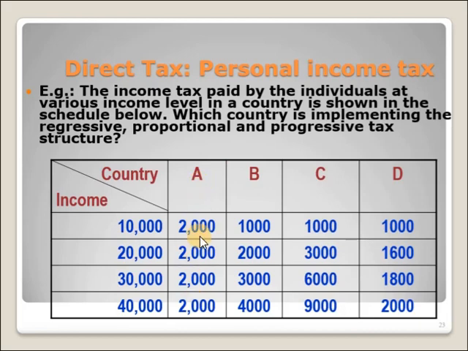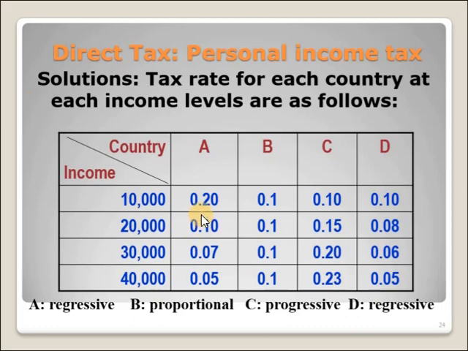Please be careful, this is not a proportional, not a constant, because you have to calculate the tax rate so that you can determine. The tax rate is 0.2, 0.1, 0.07, 0.05. So as your income increase, the tax rate reduce, so this is regressive. Country B is proportional, C is progressive, and D is regressive.